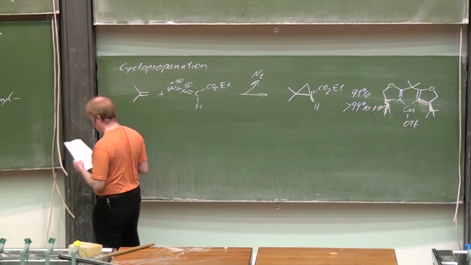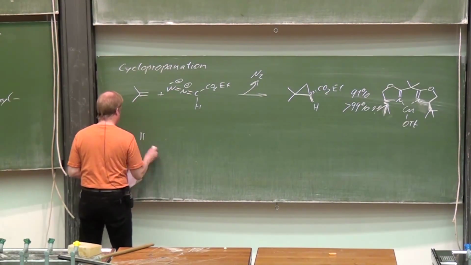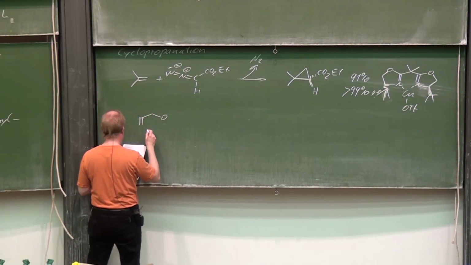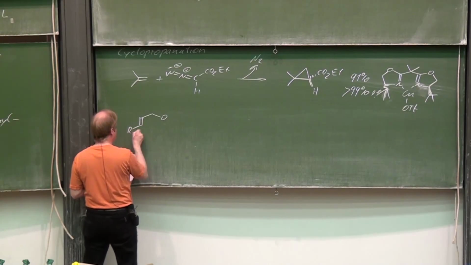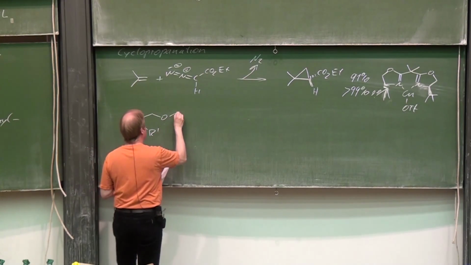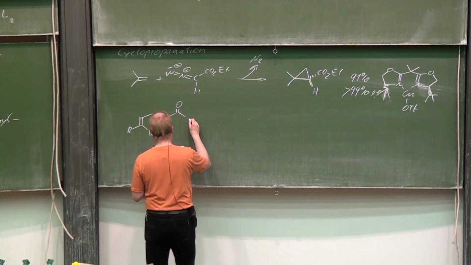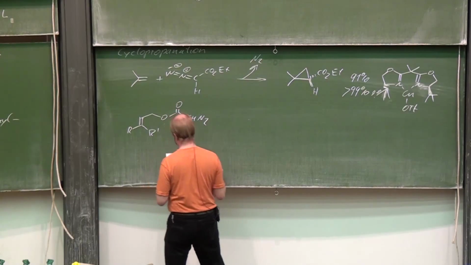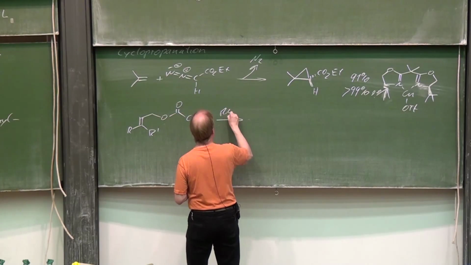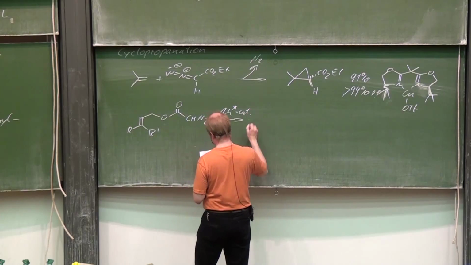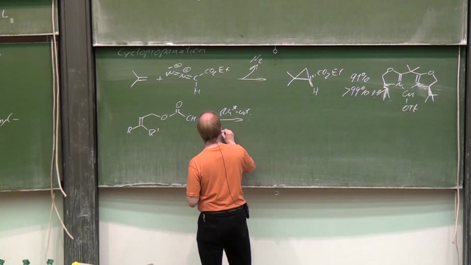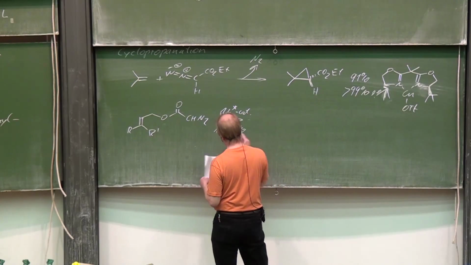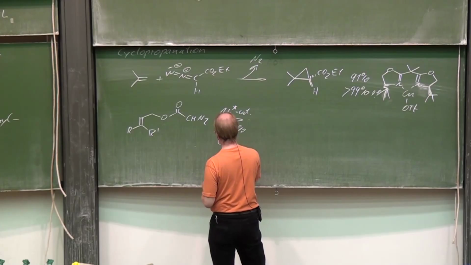Well, that type of rhodium complex was tested for an intramolecular cyclopropanation. Quite a lot of examples. Just 1 mole% of a chiral rhodium complex, dichloromethane, room temperature.